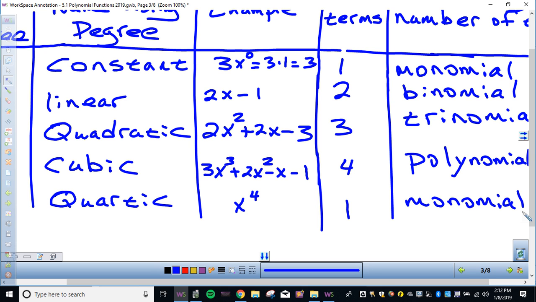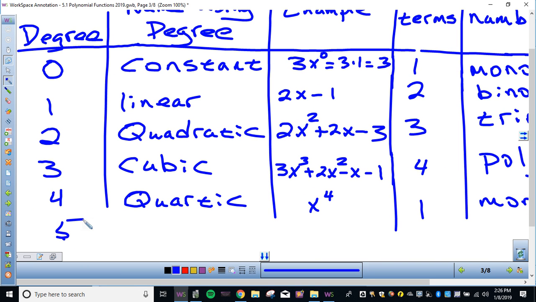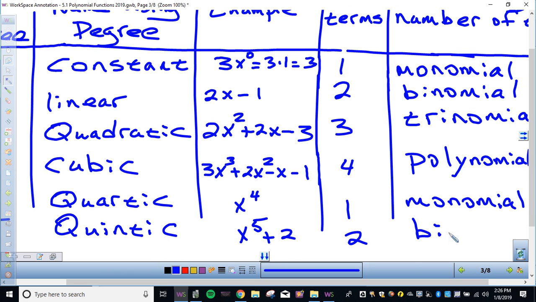And then 5th is quintic, Q-U-I-N-T-I-C, quintic. So x to the 5th, we'll just go plus 2, why not? 2, and then that's going to be a binomial.